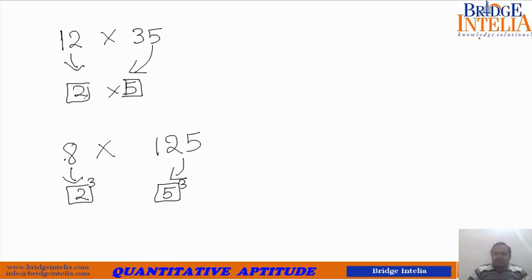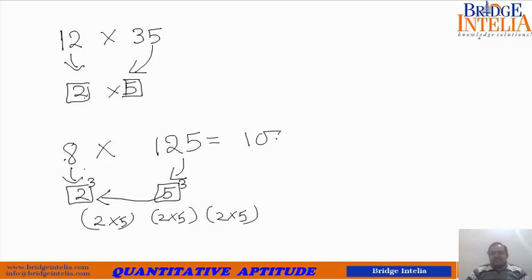So you can see each 5 will partner with a 2. So 2 into 5, 2 into 5 and 2 into 5. So in this case, 3 zeros get created at the end, though none of the numbers had 0 at the end, but their product has 3 zeros at the end.